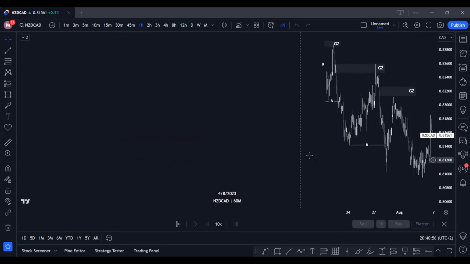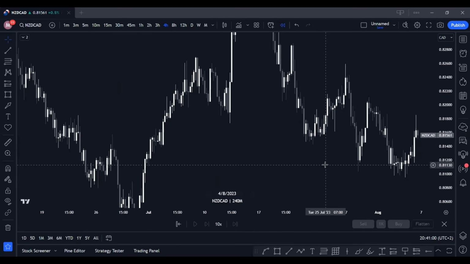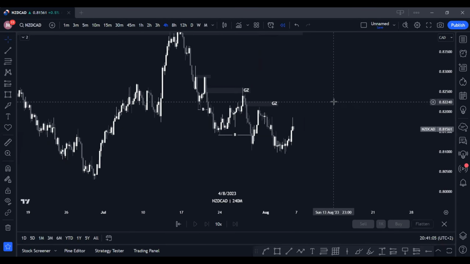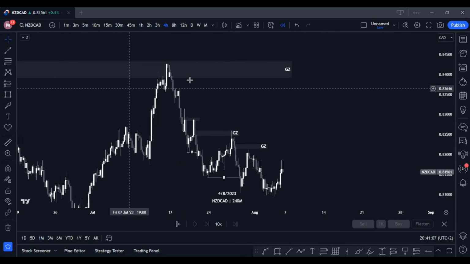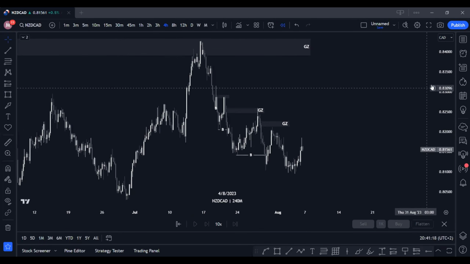So that's it for today's Zoom session. As you can see here on NZD CAD, if you missed your initial higher time frame entry, you can always take your pro trend trades. Again, here we had 1, 2, and the third one missed our golden zone with a few pips.